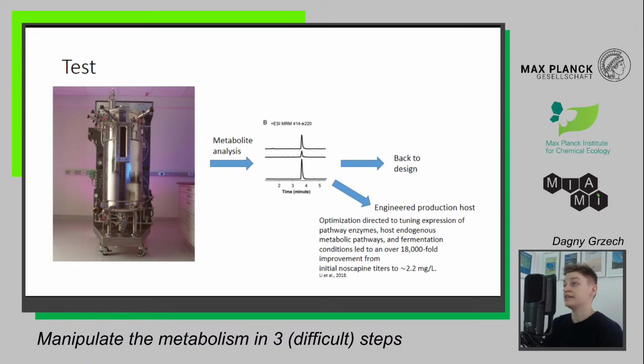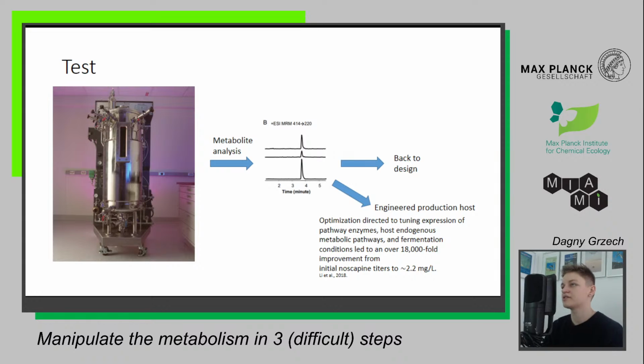And if you are actually happy with what you get from this analysis, you have your engineered production host and you are happy with the yield of the product, you are happy with the purity of the product, and you have this strain ready to use and perhaps to actually be used by some industrial partners for the production of the desired metabolites.